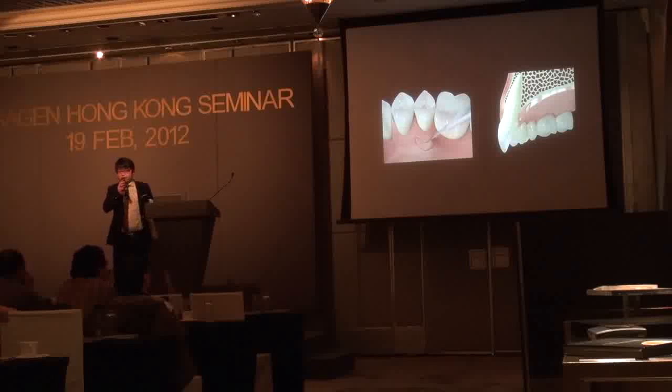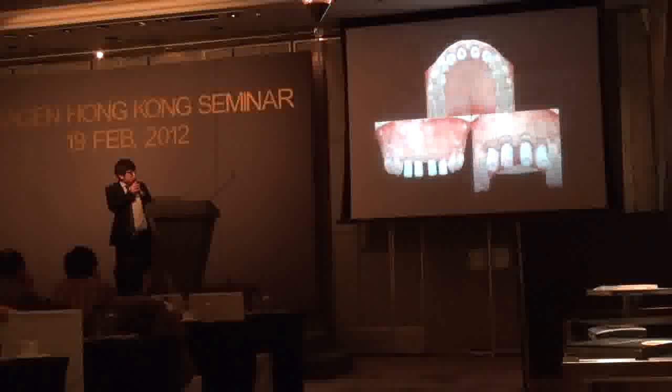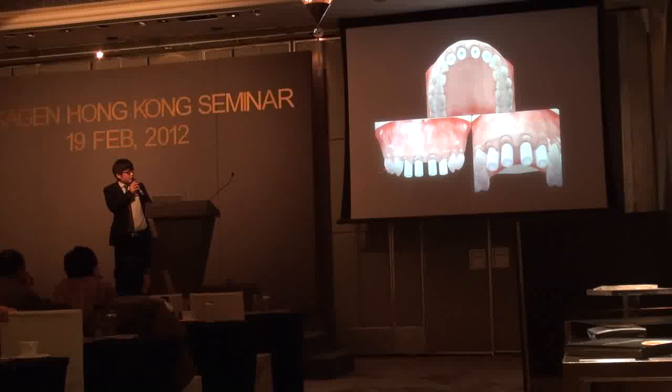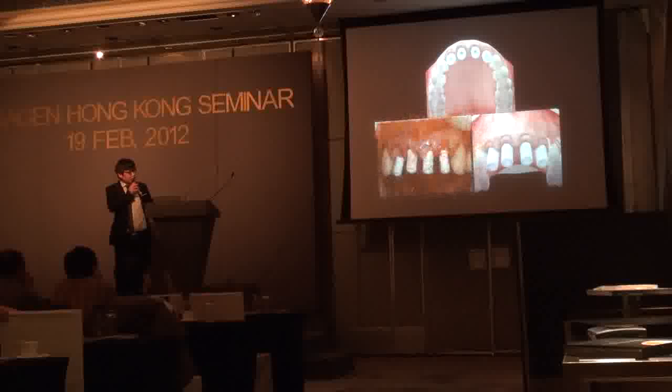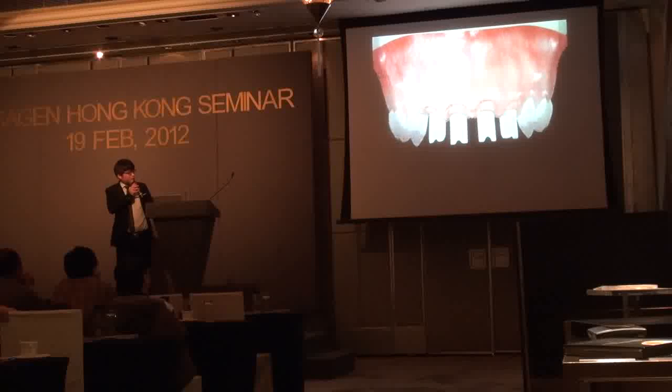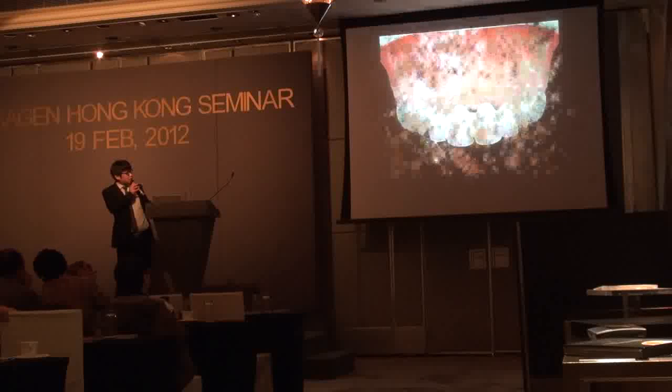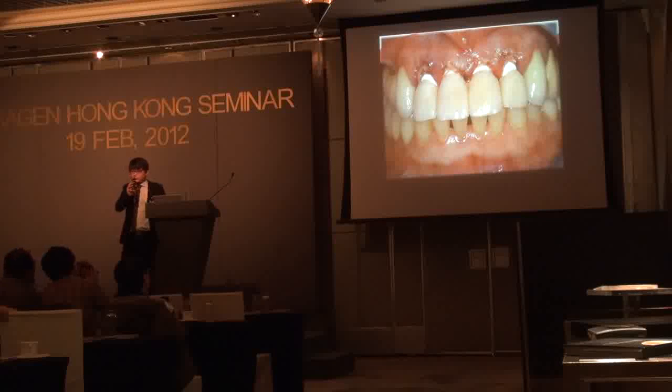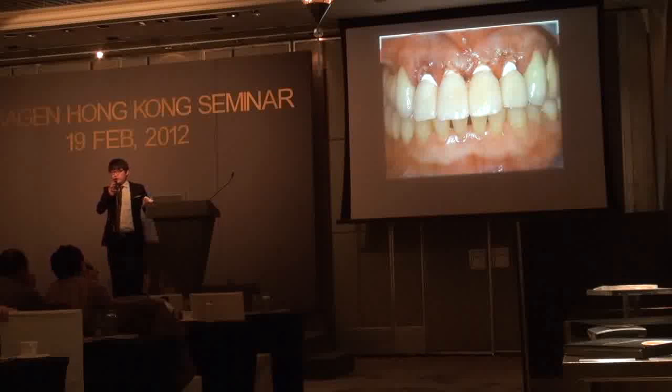To cover the extraction socket, he used gingiva from the palate for grafting like this. Then you can make a temporary crown like this. If so, you can get much more gingiva when you make the final restorations.